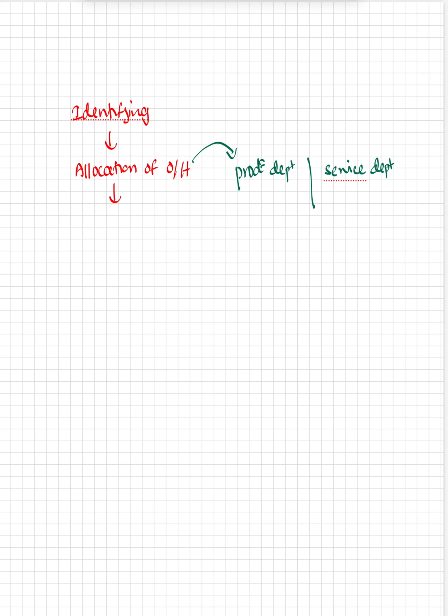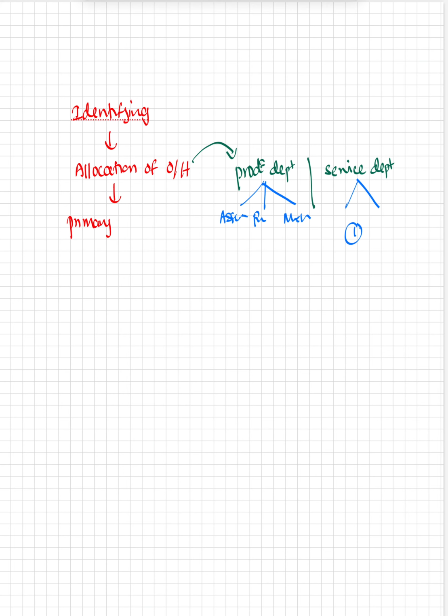Normally in A level they might give you a maximum of 3 production departments, like assembly, finishing, machine department, and a maximum of 2 service departments, but the current trend is they are giving only 1 service department.